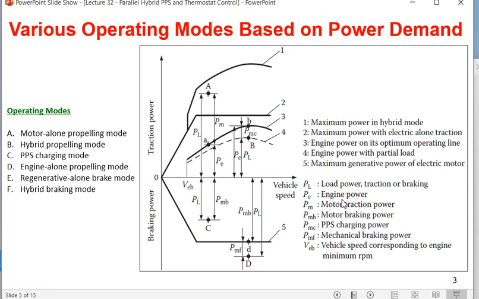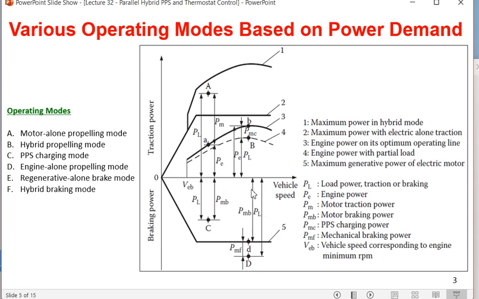So P is the engine power, PM is the motor traction power, PMB is the motor braking power, PMC is the PPS charging power, which you are finding as the difference between capital B and small b. In this case the motor is charging and PM is the discharging, that means the motor is giving power to the load. PMF is the mechanical brake power, because in D, the brake power asked by the vehicle is too much.